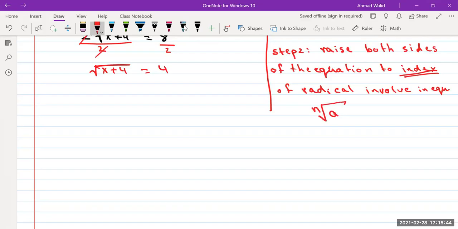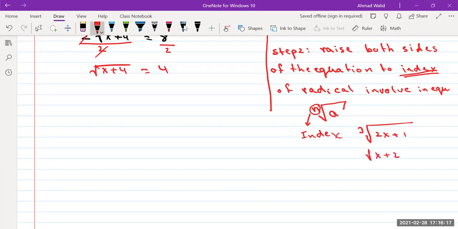Nth root of A. When you write a radical, we call this one index. Correct? The number that you have on the top of your radical on the left side here, we call it index. For example, cube root of 2x plus 1. My index is 3.